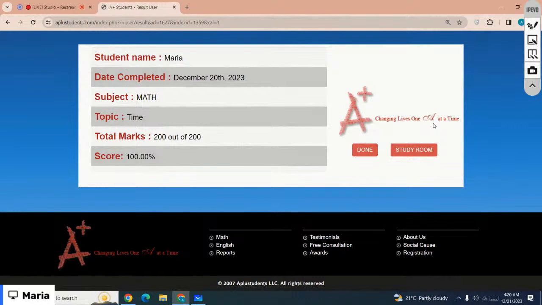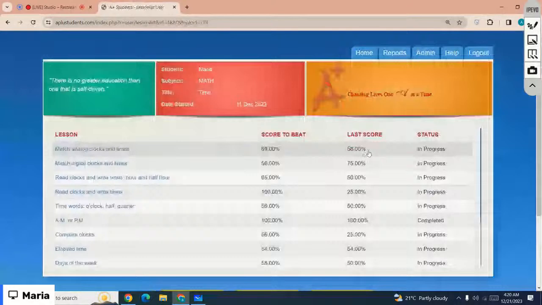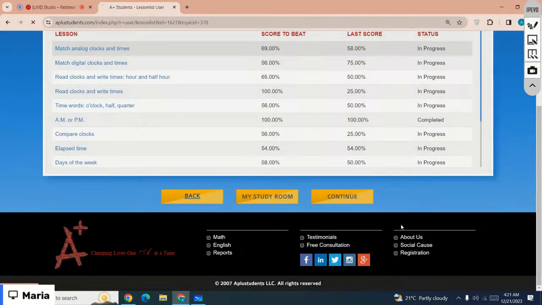The new chapter we're going to start with is division. Okay, the next lesson we're going to start with is division.